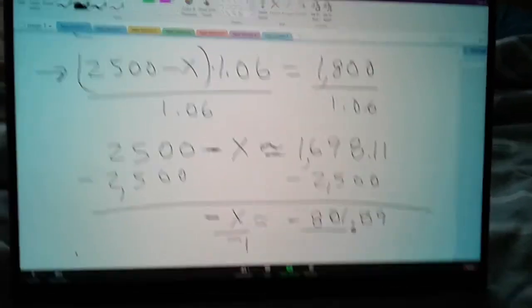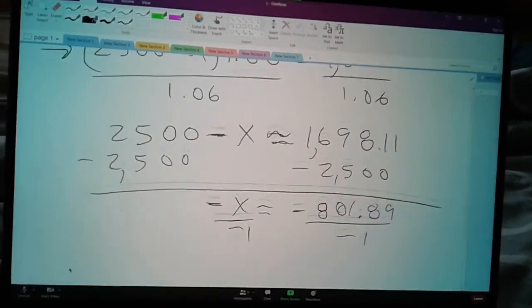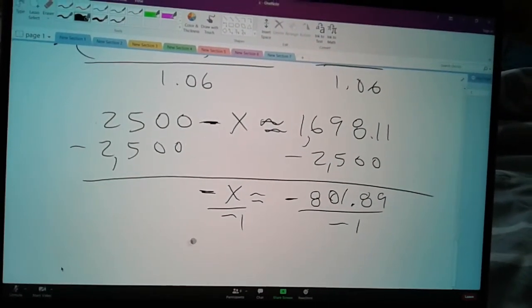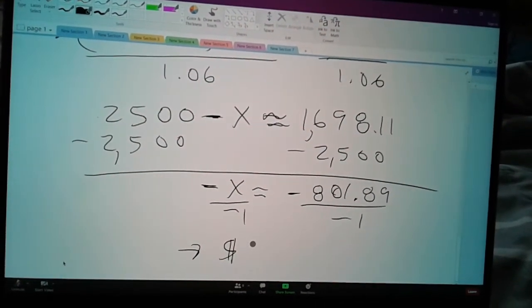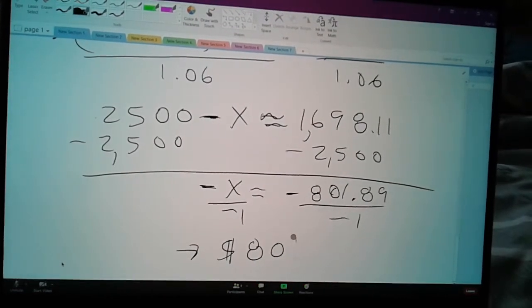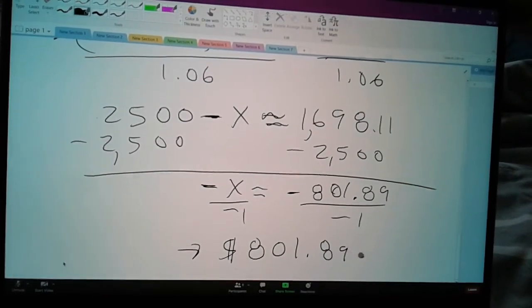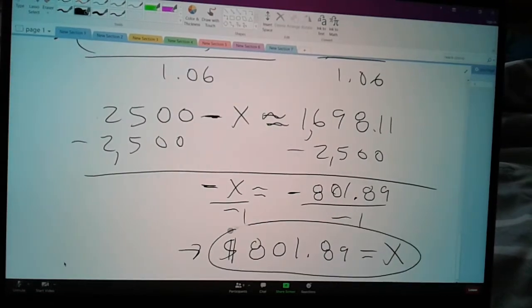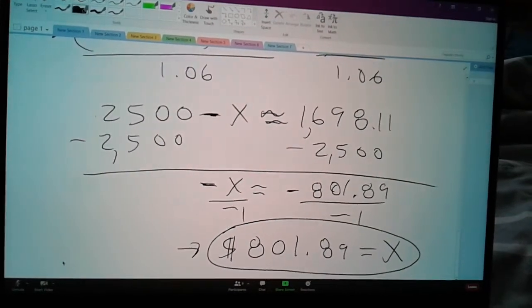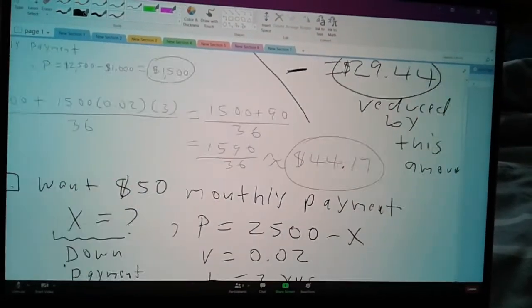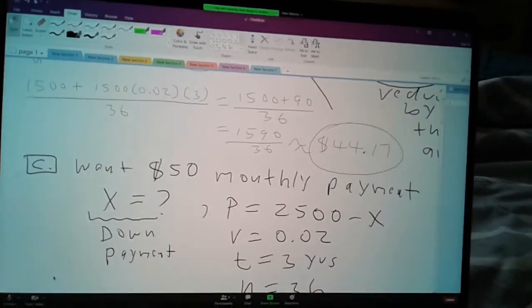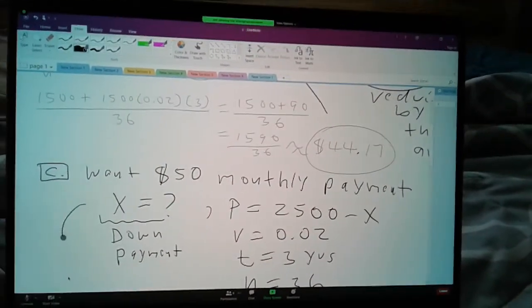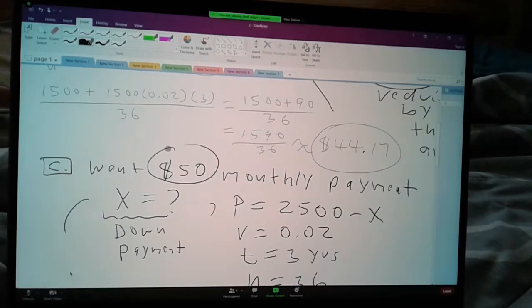If I divide by -1, 1698 minus 2,500 is 801.89. So I get $801.89 for X. So we should put down a down payment of a little over $800 in order to get a $50 monthly payment.